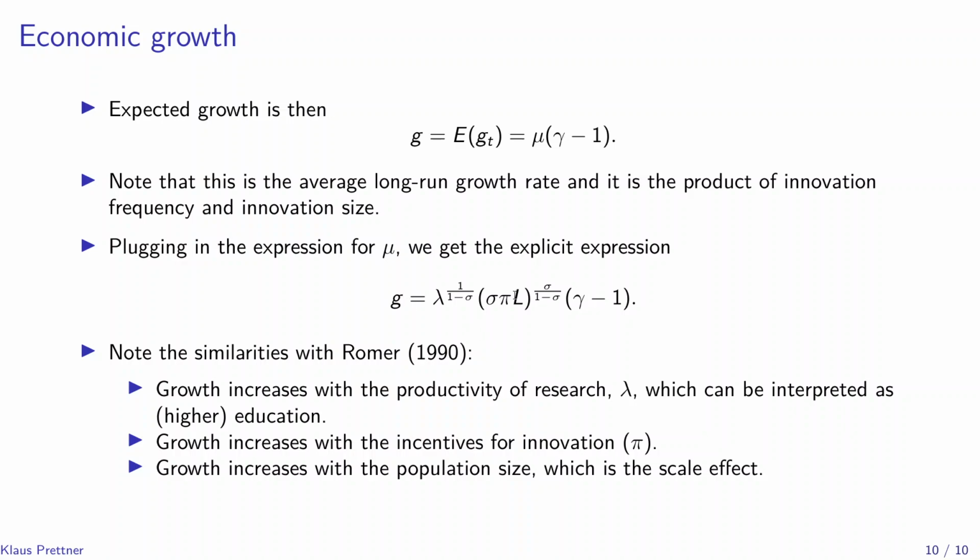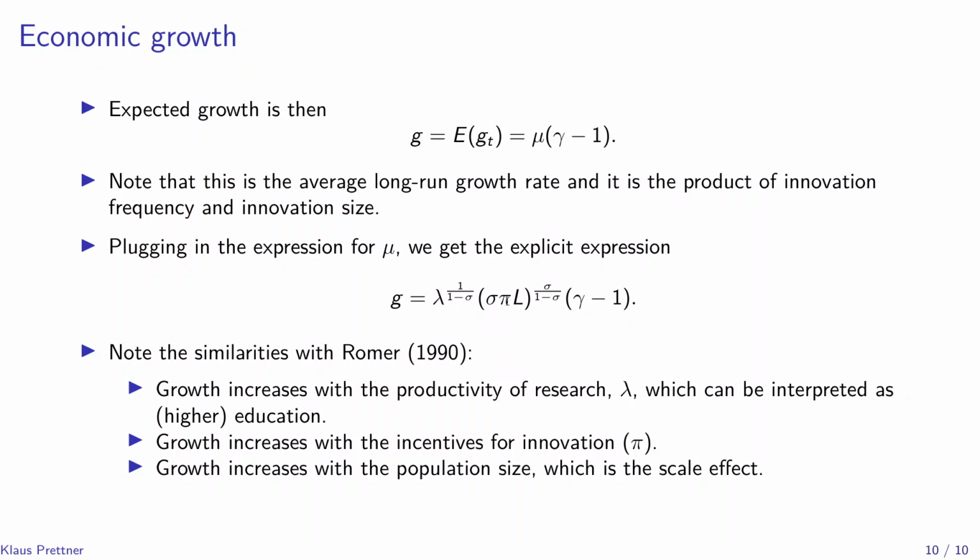If the population size is larger, we would have faster growth rate, so that's comparable to the Romer model. So there is a strong scale effect in this version of the model. I will talk in another lecture later on about the version of the model where we can get rid of the scale effect.